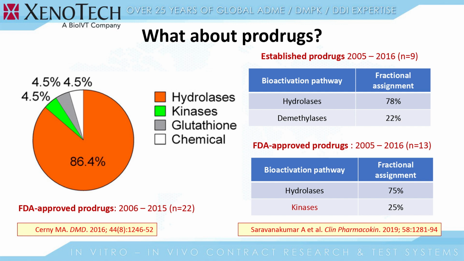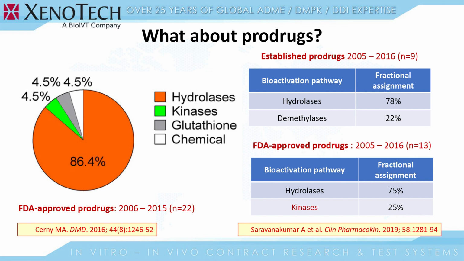Sarvana Kamur, in their analysis, looked at the established prodrugs between 2005 and 2016. And this data set had an N of 9. So the activation of these prodrugs, again, was predominantly driven by hydrolase enzymes that made up about 78% of the enzymes involved in the metabolism of these drugs. And this was followed by demethylases, making up 22%.